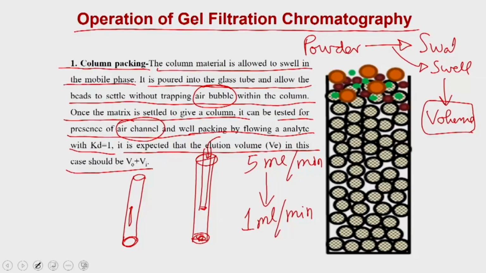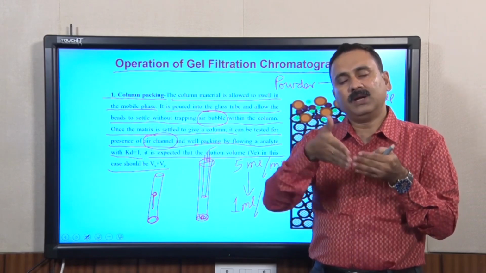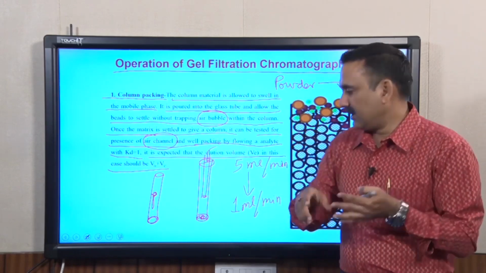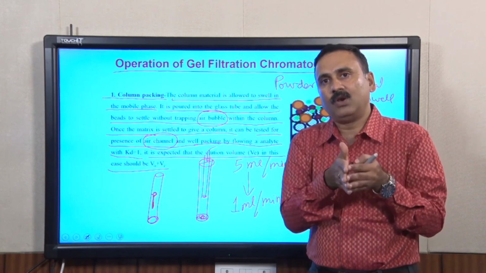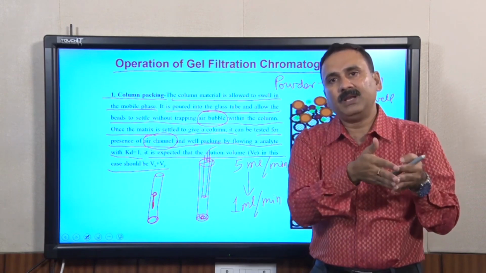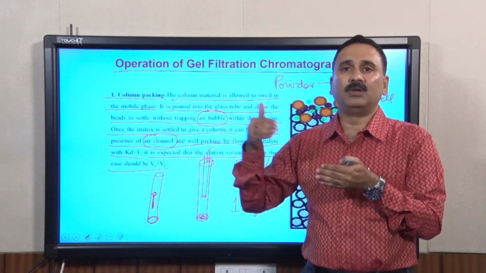What will happen is, as soon as the molecules reach this particular channel, they are not going to fractionate from the pores to the aqueous environment, because they have free movement within this channel. They will travel within this channel, and they are not going to partition between the buffer you are using and the pores present on the beads.